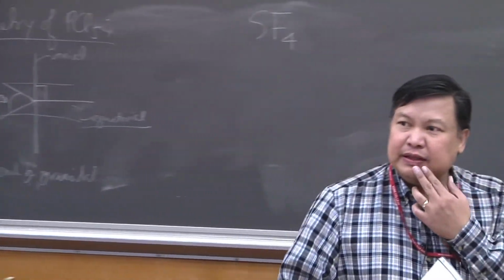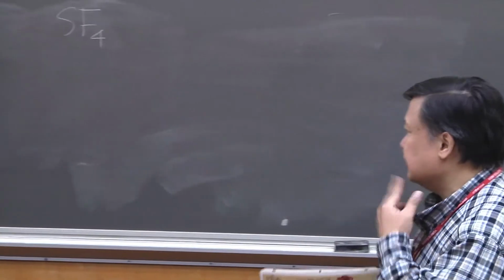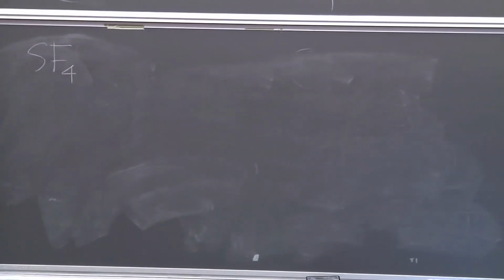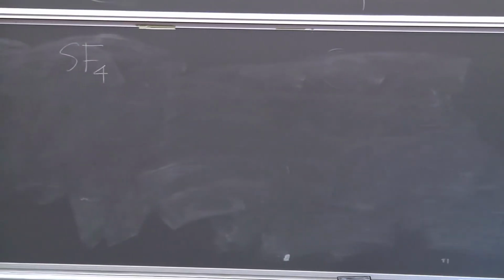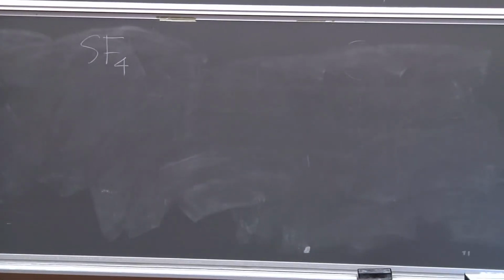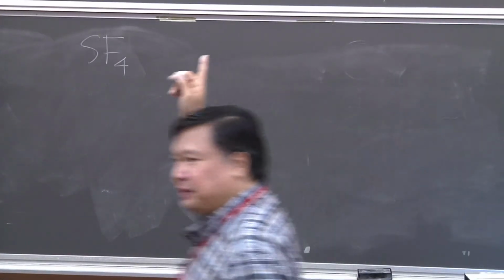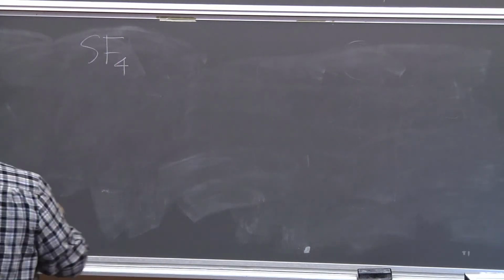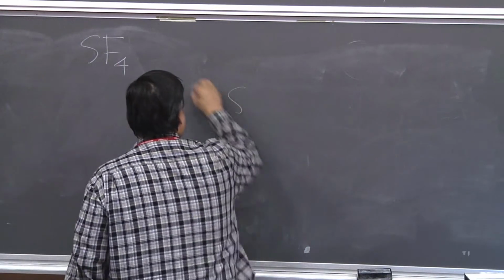Bipyramidal, 2 pyramids. SF4. If you follow the same rules we did for PCl5, you should arrive at a structure like this.